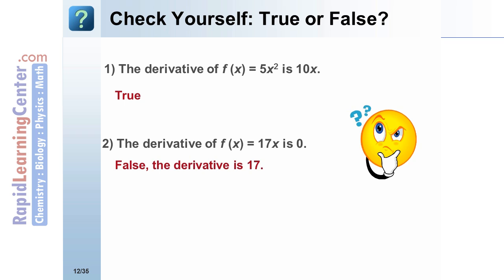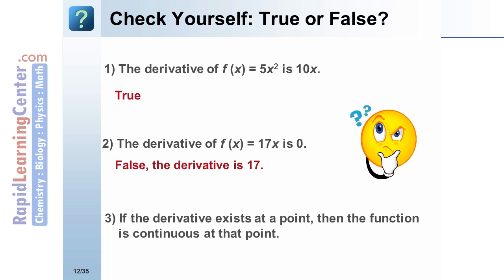That is false. F of x equals 17x is a linear function, so its derivative would be 17, the same as the slope. Question 3. If the derivative exists at a point, then the function is continuous at that point. This is true.